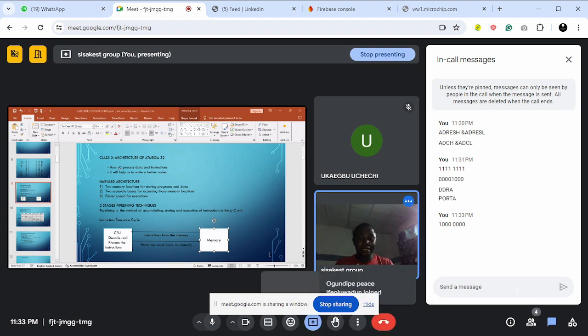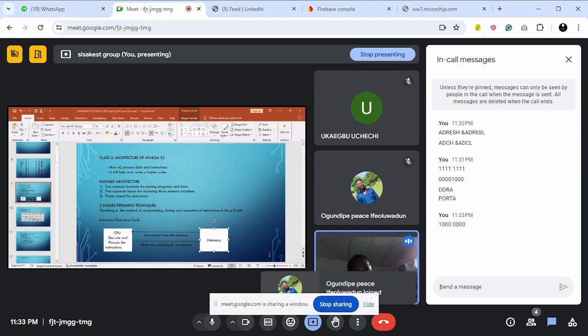Now let me tell you something that is very interesting to me in my study of embedded systems and microcontrollers as a whole. This is what I came to realize: even the 1s and 0s that you saw here were not being generated by your microcontroller.